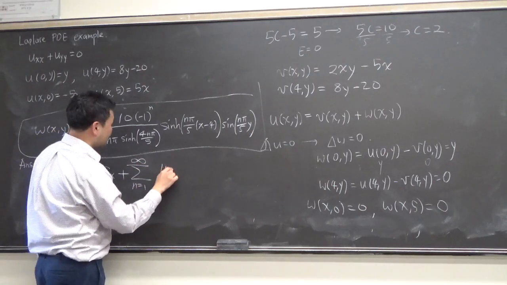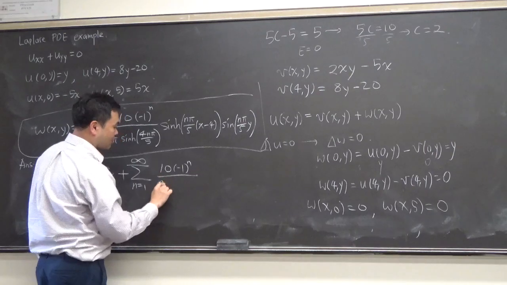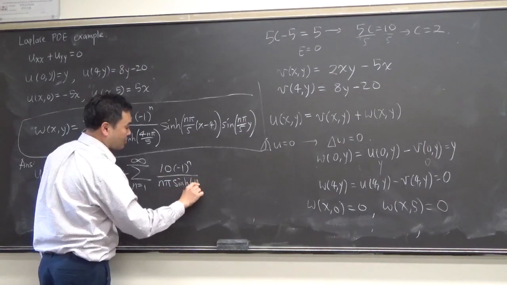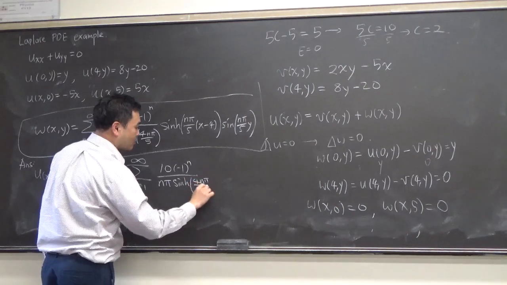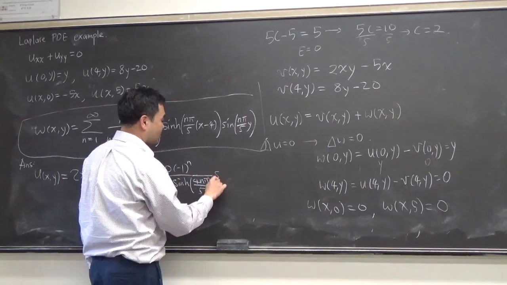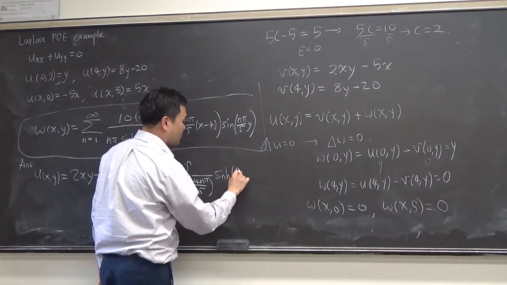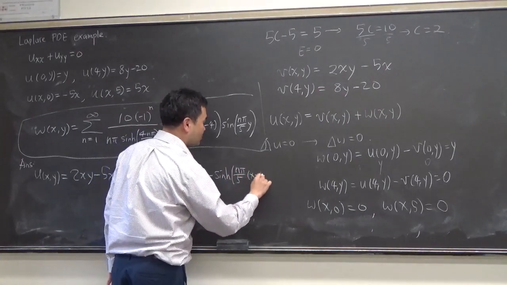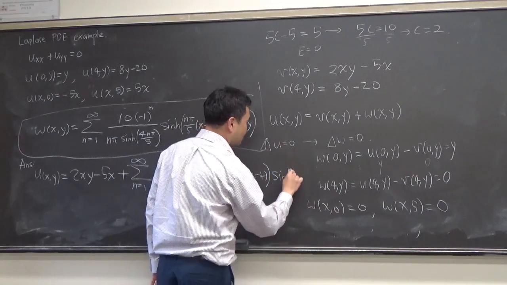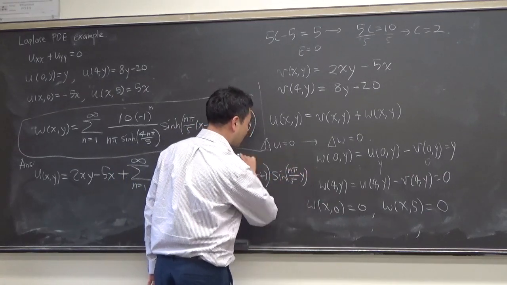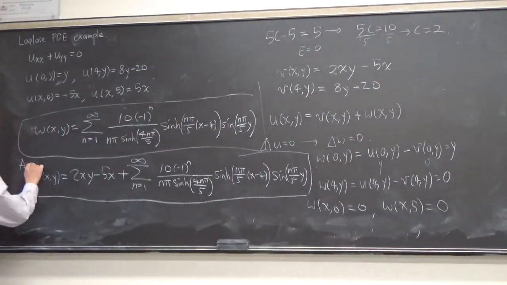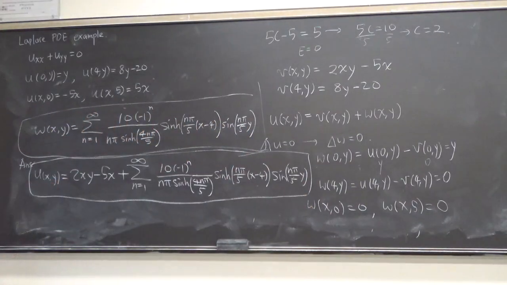The sum from n equals 1 to infinity of 10 times negative 1 to the power n over n pi sinh of 4 n pi over 5 times sinh of n pi over 5 x minus 4 times sine of n pi over 5 y. Okay, so that's the final answer. So we got the answer rather quickly, right, without having to split the Laplace PDE into 4 different problems.